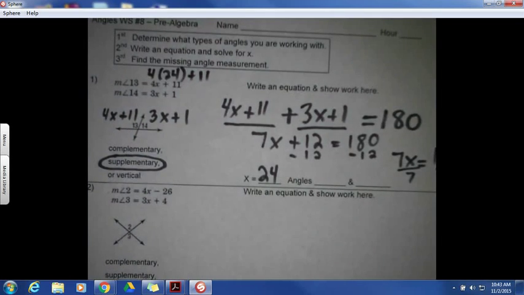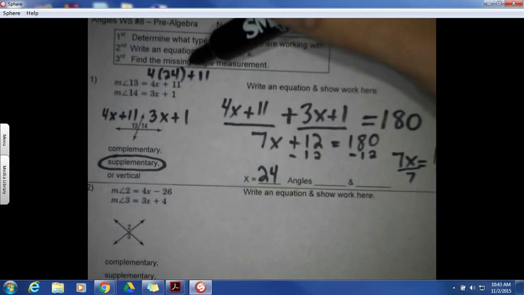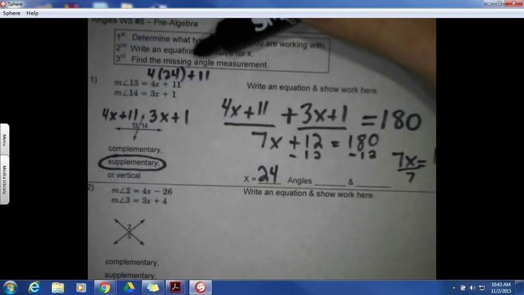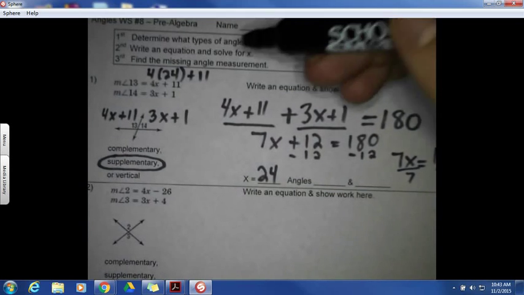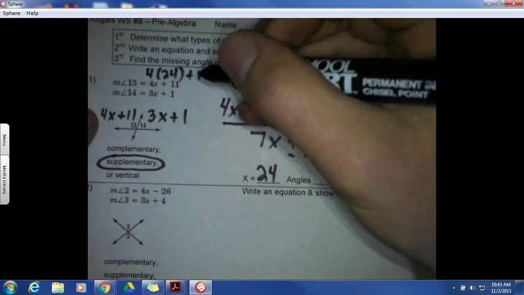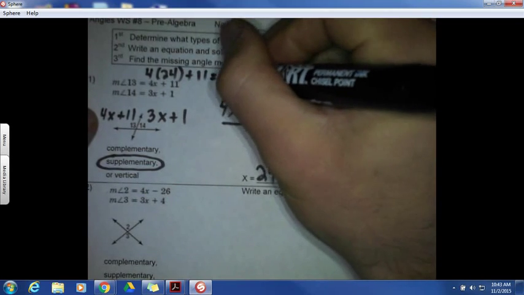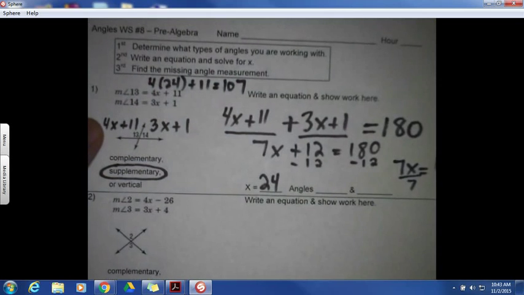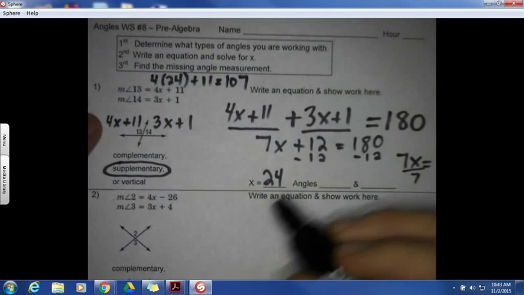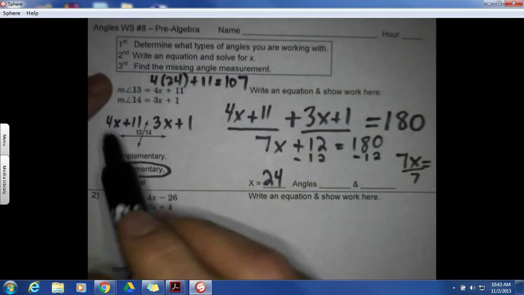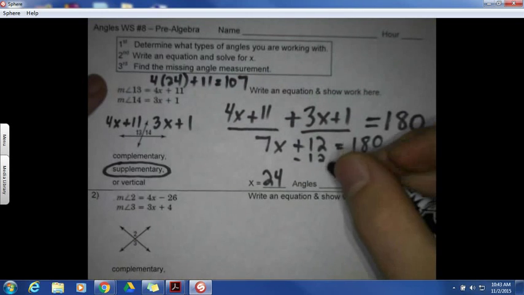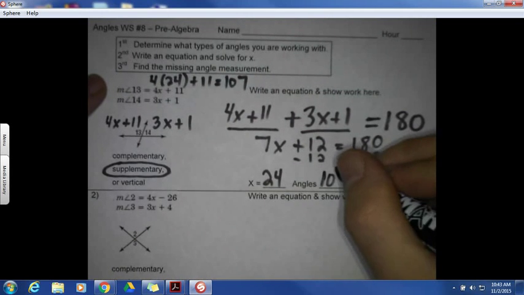So 4 times 24 equals 96, plus 11 equals 107. So the measure of angle 13, right here, is a 107 degree angle.